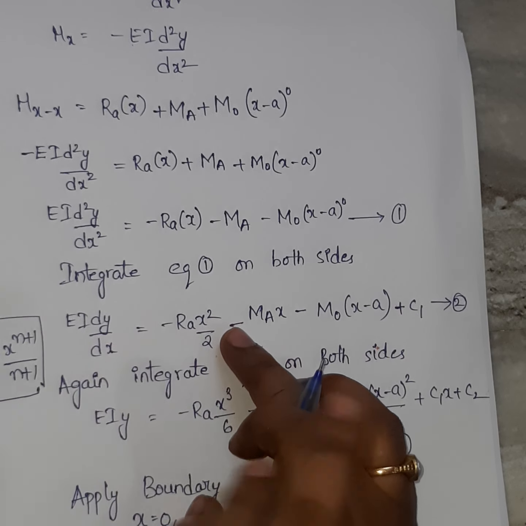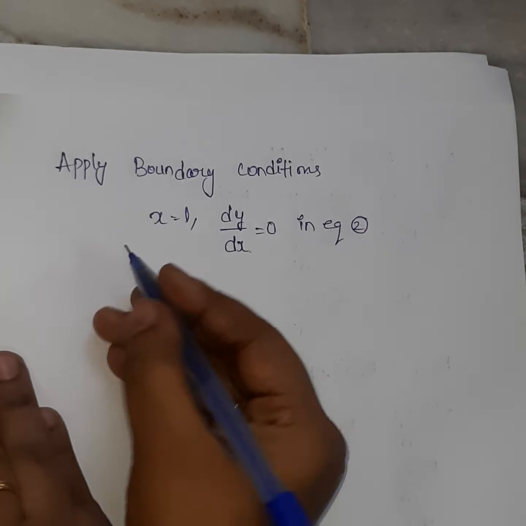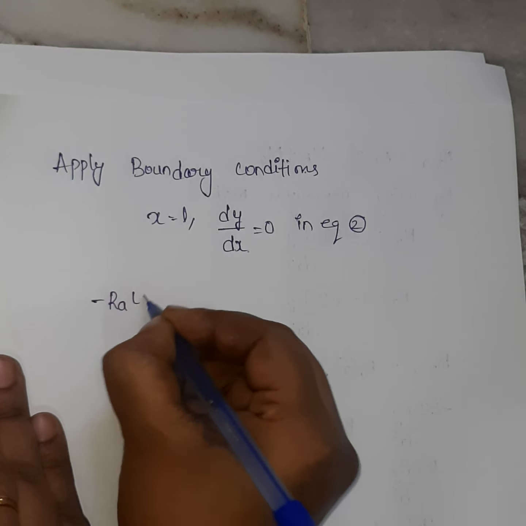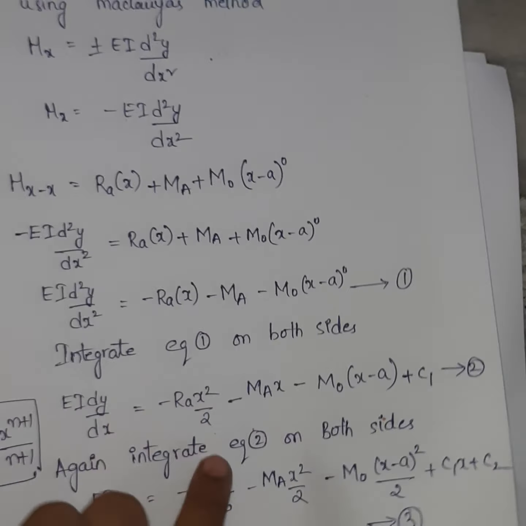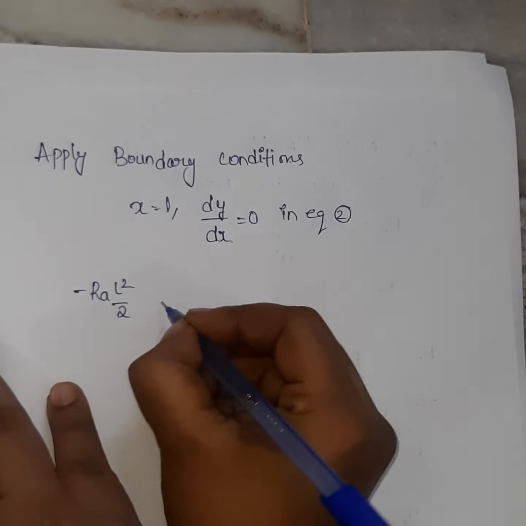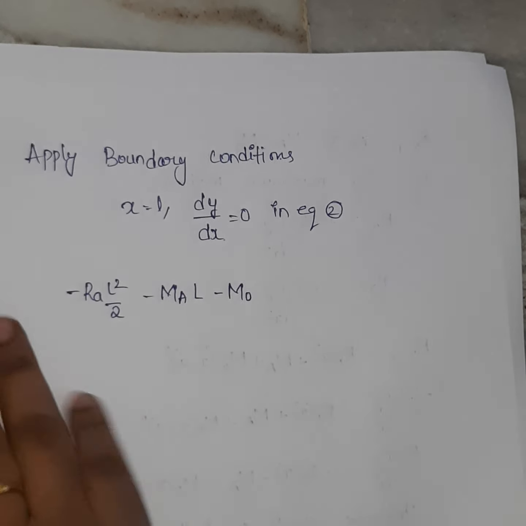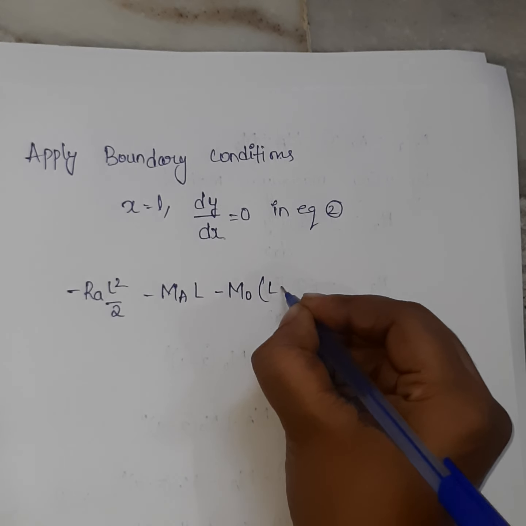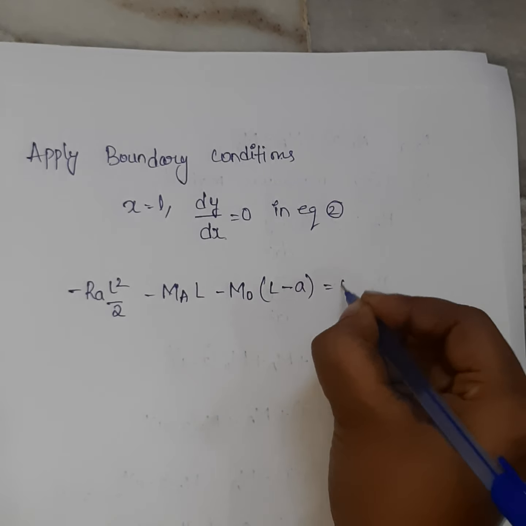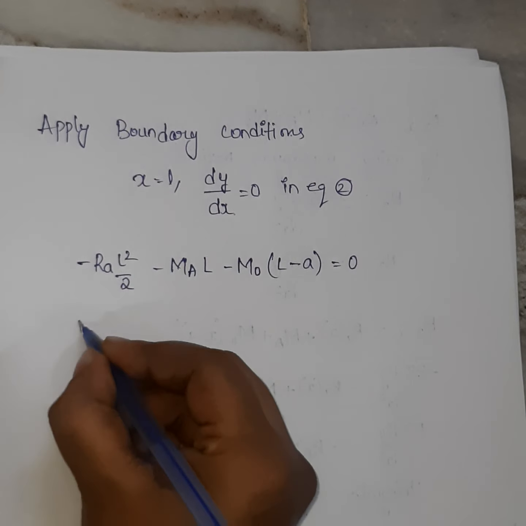In x place you substitute the L value. So it will be minus RA L square by 2 minus MA into L minus M0 into L minus a is equal to 0.